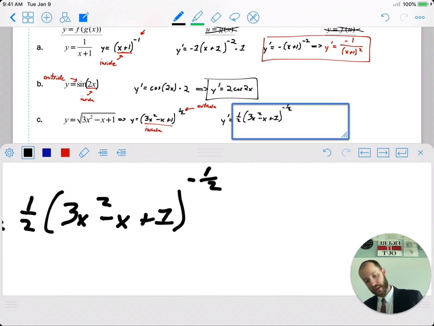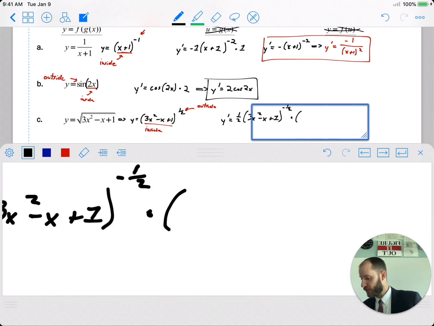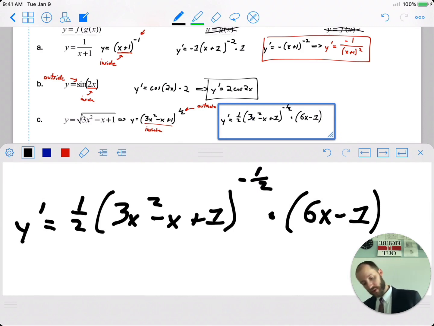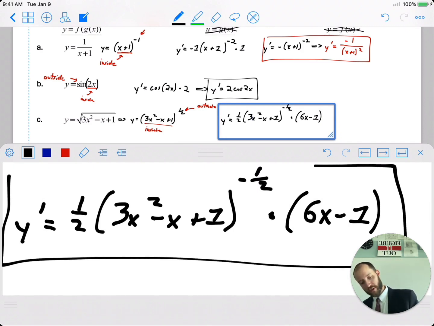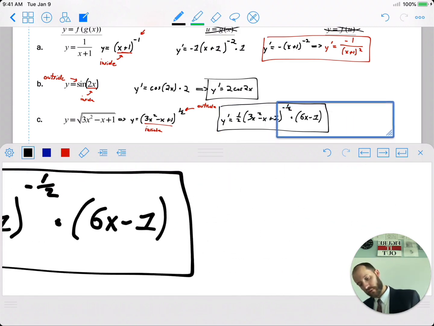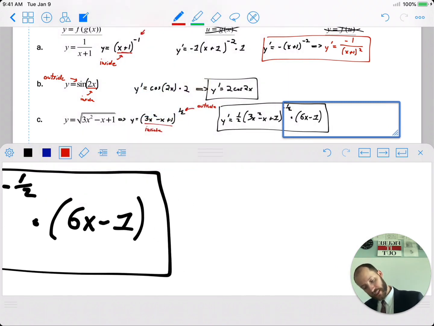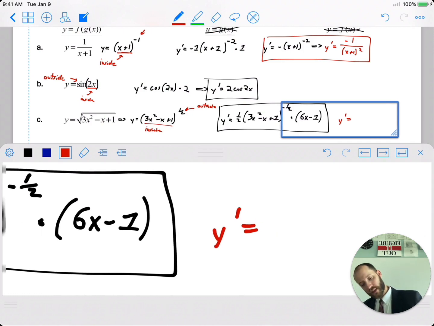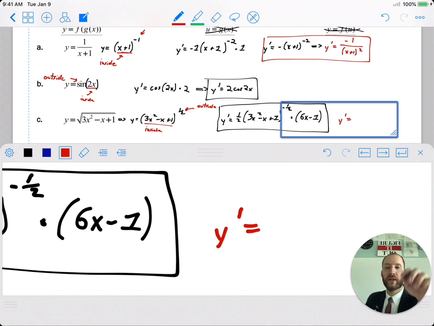And then multiply by the derivative of the inside. So derivative of 3x squared minus x plus 1 would be 6x minus 1. And if there's a free response question, or really nice multiple choice, leave it alone, there you are. If you have to algebraically manipulate it, okay, the quantity 3x squared minus x plus 1 to the negative 1/2, put that in the bottom, make it square root, and the 2 of the 1/2 goes with it.